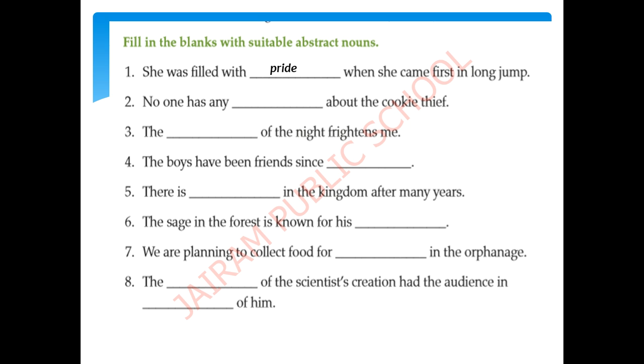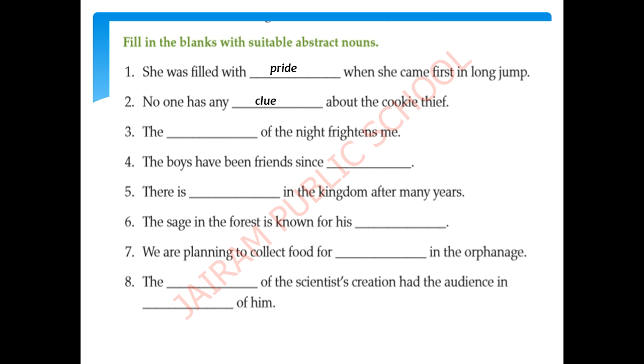The next is, no one has any dash about the cookie thief. Maybe idea. No one has any idea about the cookie thief, or no one has any clue about the cookie thief. The next is, the dash of the night frightens me.